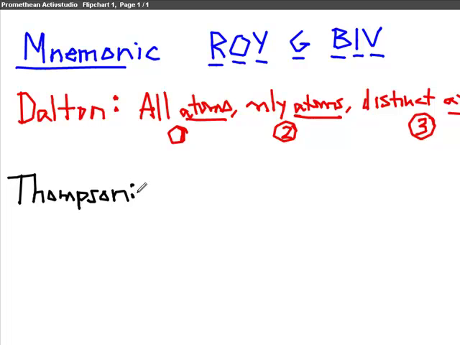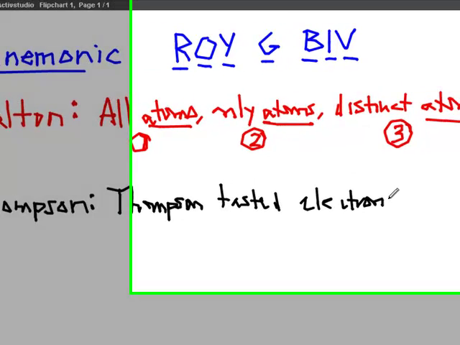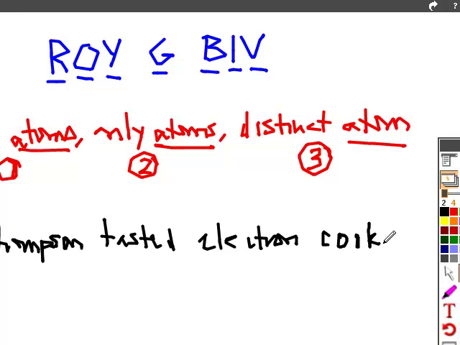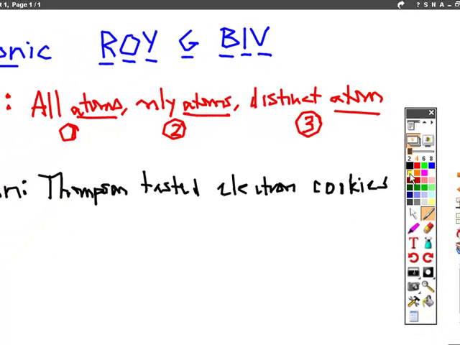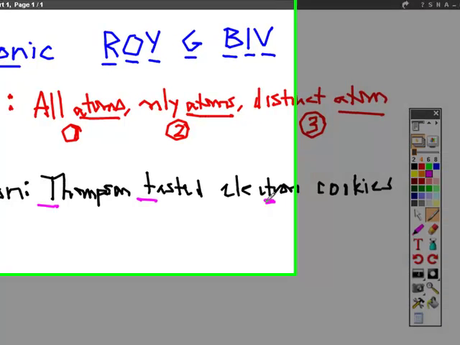And the mnemonic then is all T's. Thomson tasted electron cookies. So again, a mnemonic: Thomson T, tasted, electron, there's a T in there, cookies.